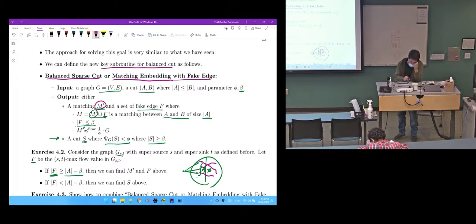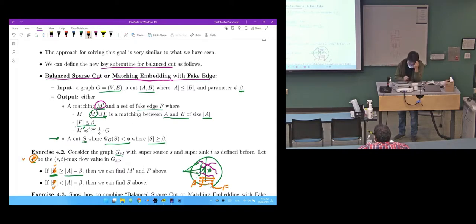And there will be some fake edges: the rest is beta nodes that you cannot match. You just add an arbitrary matching from these to some free nodes on the B side. This is going to be your F. Sorry, I use the same F here, but let's say this is V for value.